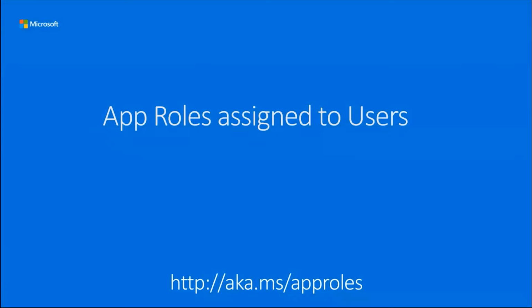So finally, let's talk about the two types of app roles that are available to you. The first one is the app roles that you assign to users. This is probably the most popular option that we have seen developers use on our platform. And let's talk about them now.